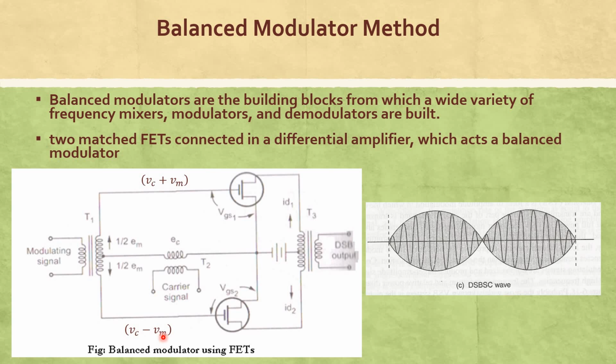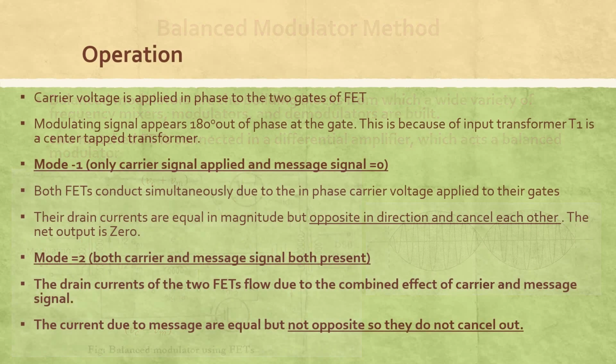Based on this potential difference, V_c plus V_m and V_c minus V_m, the drain currents will be different. So the net output will completely depend upon the modulating signal amplitude. Based on that, you will get the corresponding double sideband suppressed carrier modulated output.